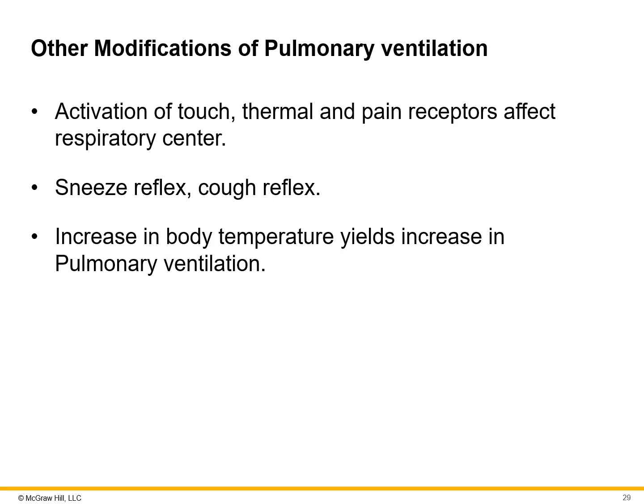And then some other modifications. Even activation of touch, thermal, and pain receptors: if we touch something hot, we start breathing a little more heavily, increasing that ventilation. Sneezing and cough reflexes alter ventilation, as well as body temperature can increase ventilation.